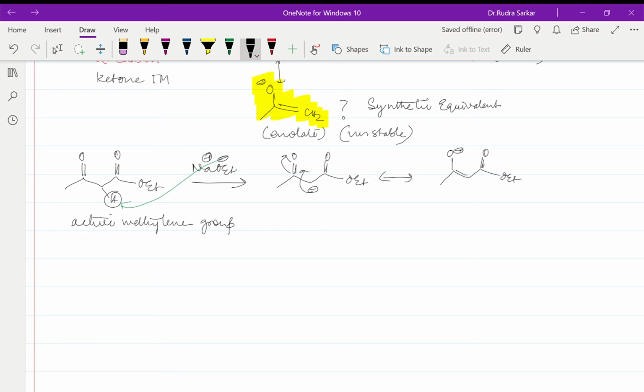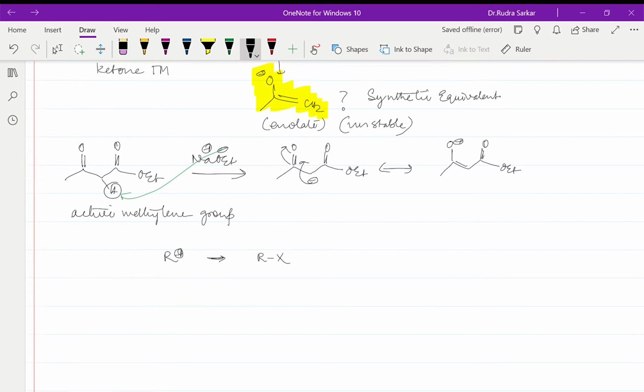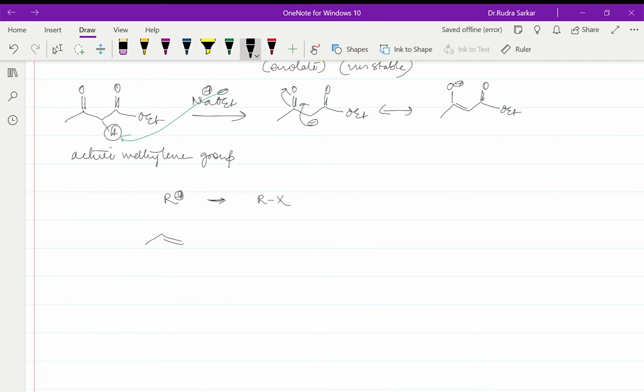So to summarize, for R plus we are using our synthetic equivalent RX, and for this enolate or the carbanion, which is our synthon, we are using the synthetic equivalent, that is the carbanion of the ethyl acetoacetate.